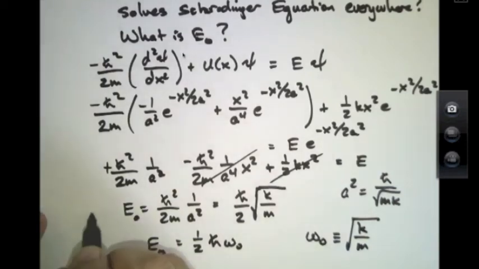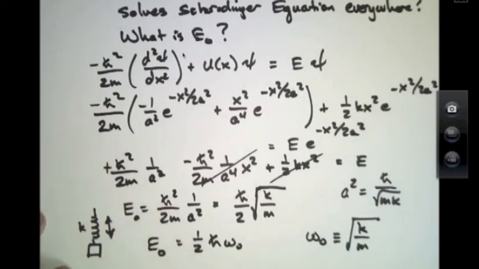So if I have a mass hanging on a spring here, it goes up and down as a simple harmonic oscillator at a certain angular frequency, and that angular frequency is equal to the spring constant divided by the mass, take the square root.